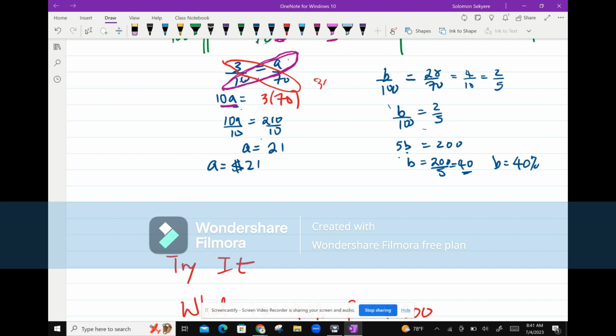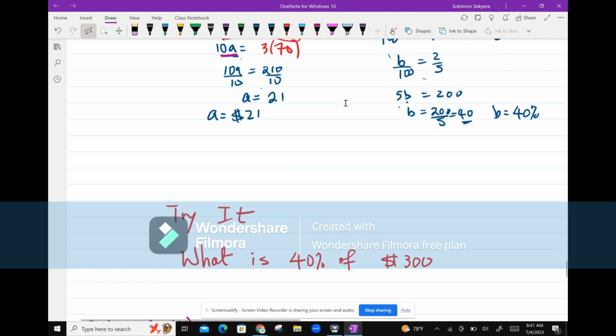Now what do we do next? What do we call the number multiplying your variable? It's called the coefficient. We need to know what that variable is, so we divide both sides by the coefficient of the variable.